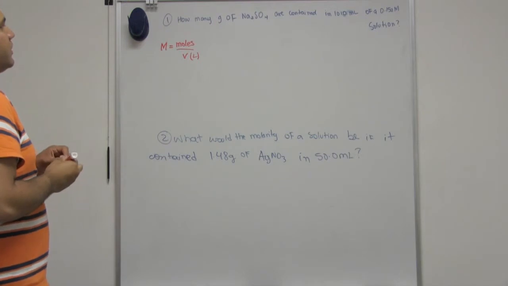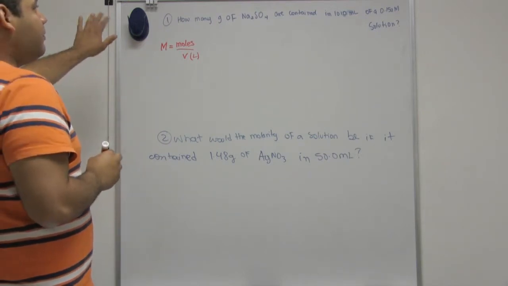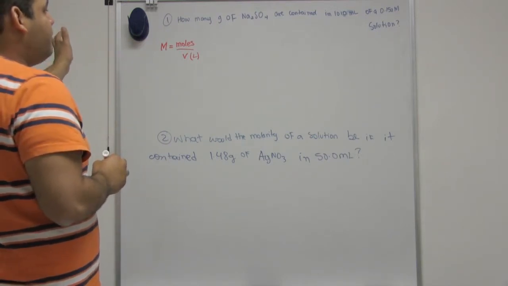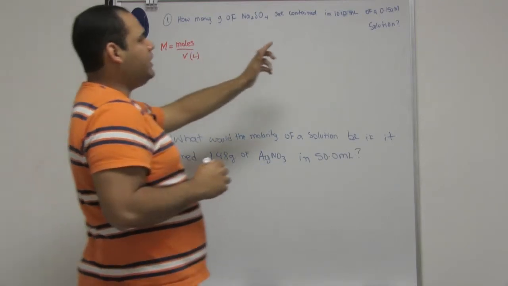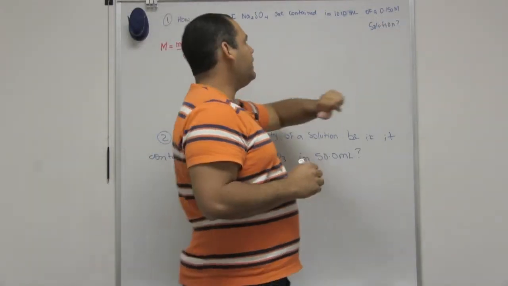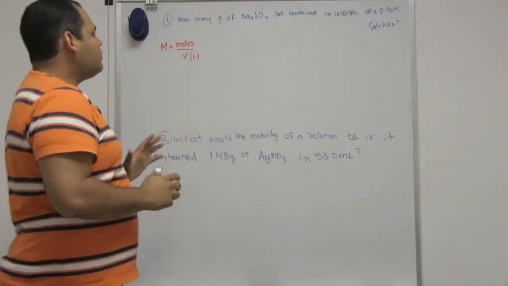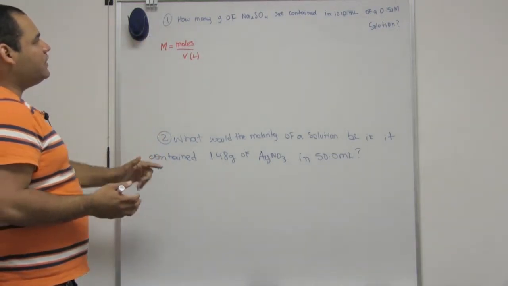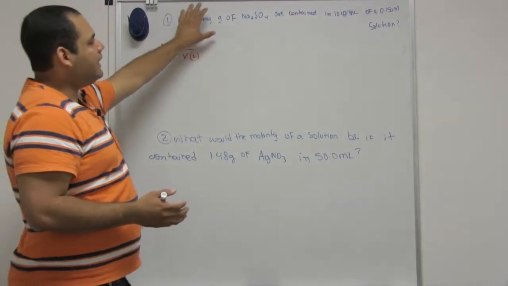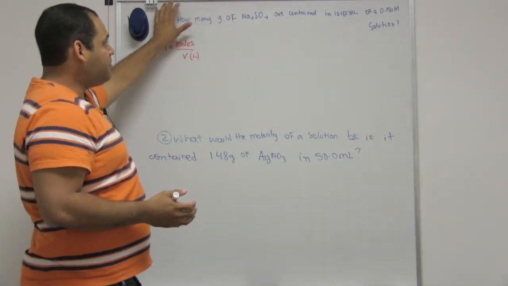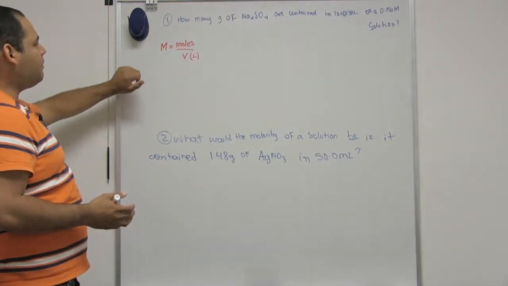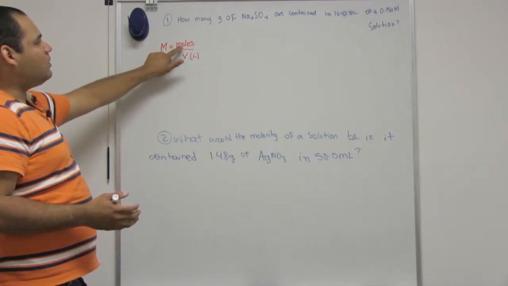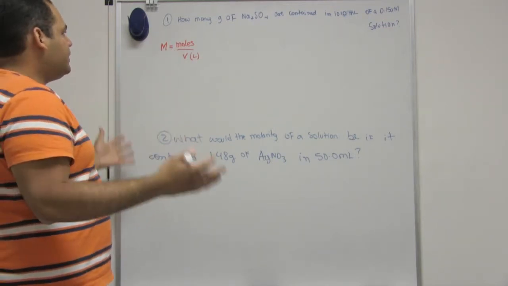For this particular problem, I want to find the grams, but I do not have a direct relationship between this data and the grams. So knowing that molarity is equal to moles over volume, using the information that the problem gave me, I can find the moles, and from the moles, I can find the grams.